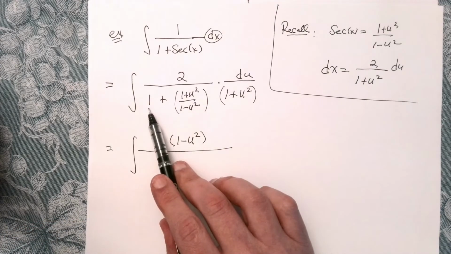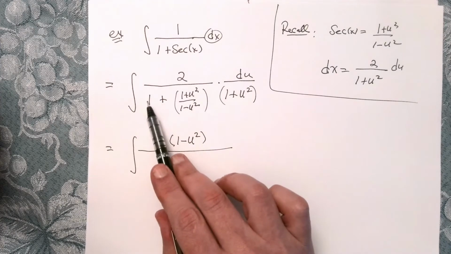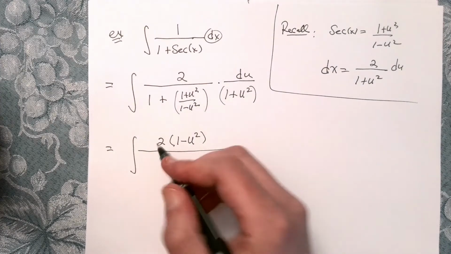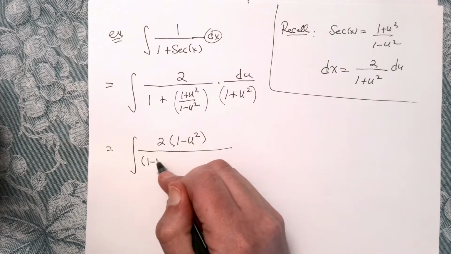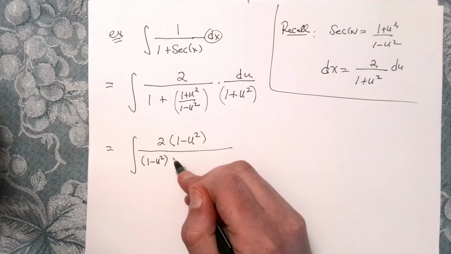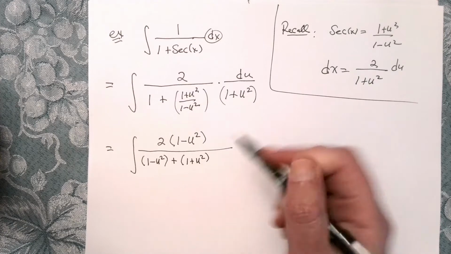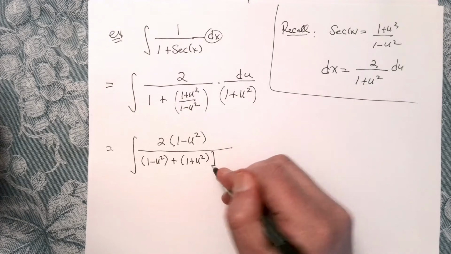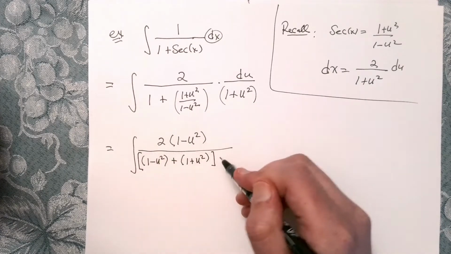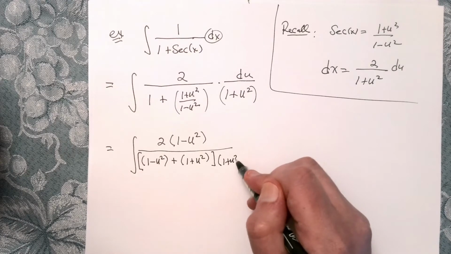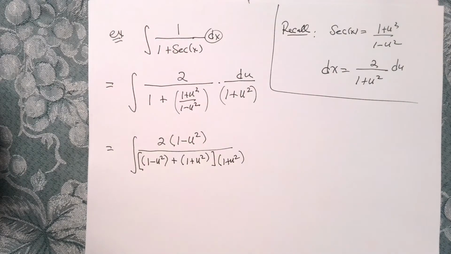And if I multiply the bottom by 1 minus u squared, that's going to distribute here and then cancel with this. So I've got this 1 minus u squared plus this 1 plus u squared, and then sort of waiting on the outside is this 1 plus u squared. Okay, so that seems pretty nice. Maybe we can tidy this up.